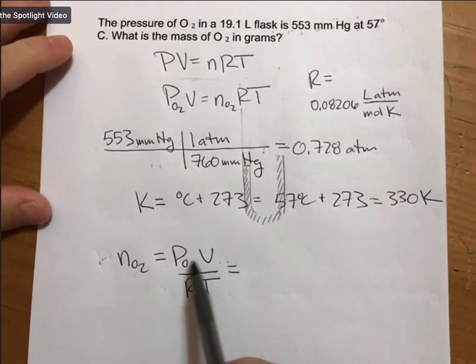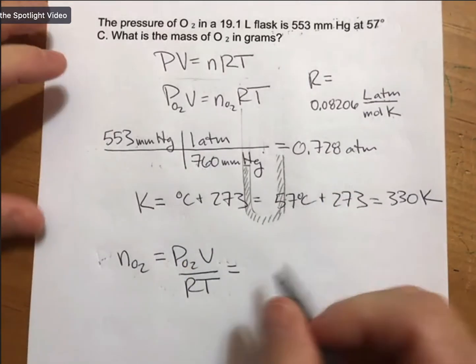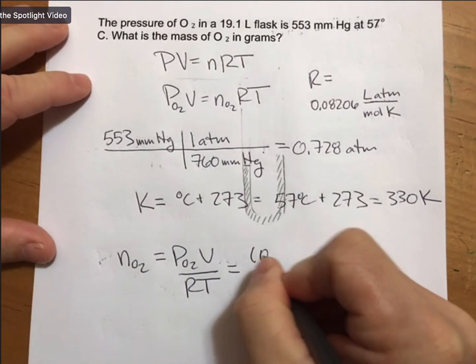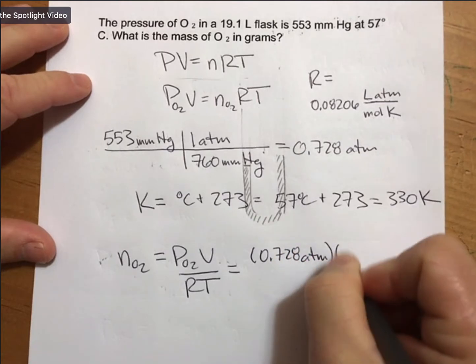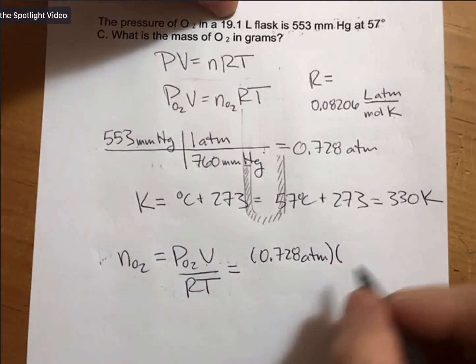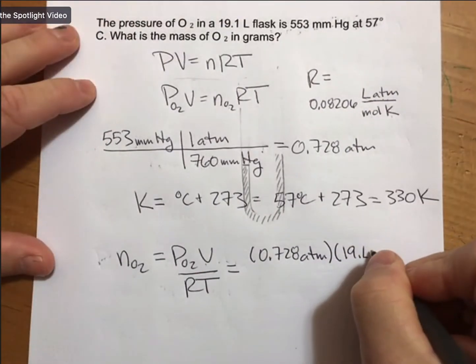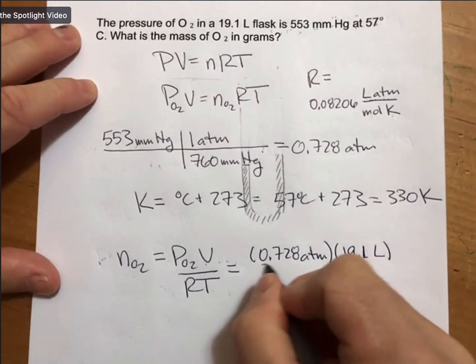But now I have my partial pressure of oxygen, my volume given in the problem in the proper set of units, 19.1 liters.